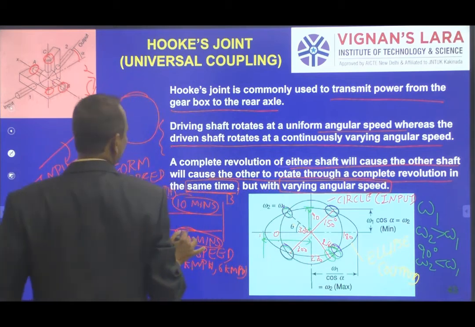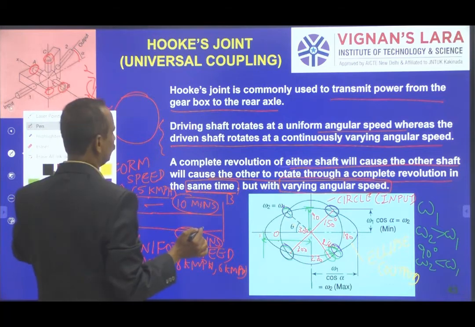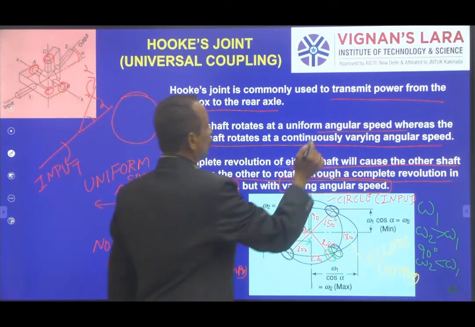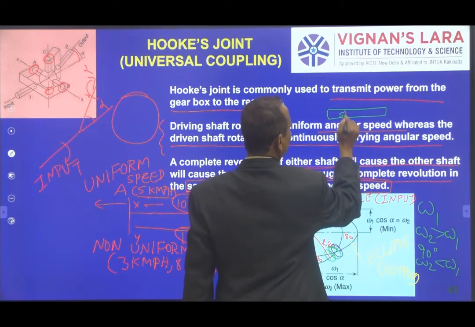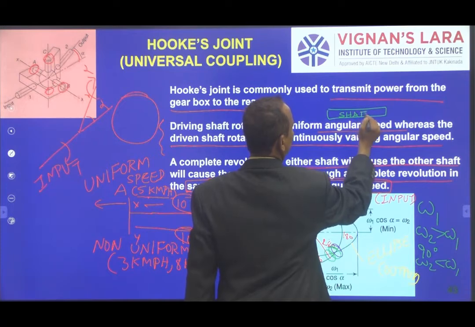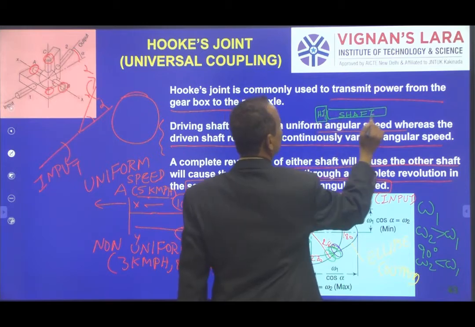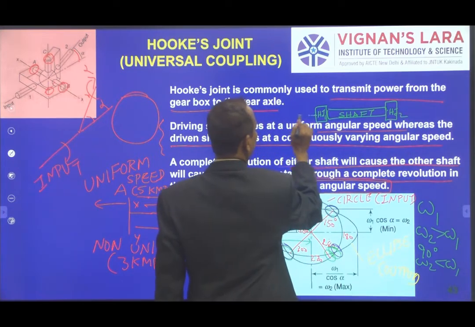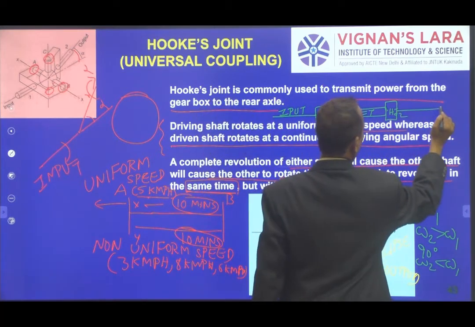You will have a shaft connected by hook joint 1, connected by another hook joint 2, then input and output.